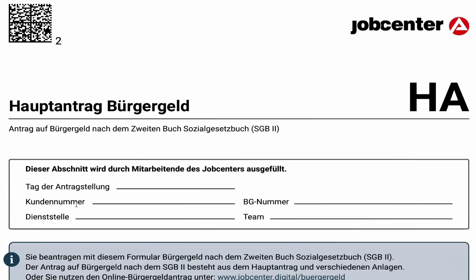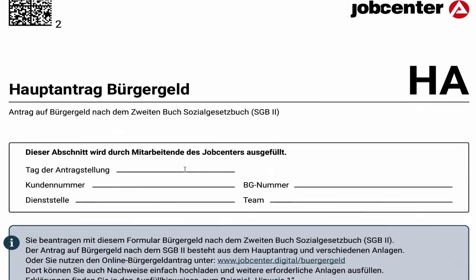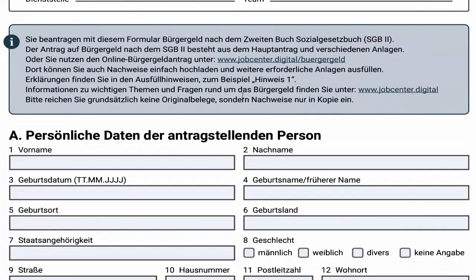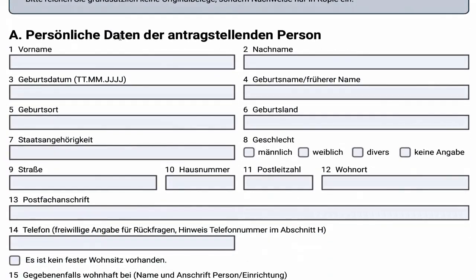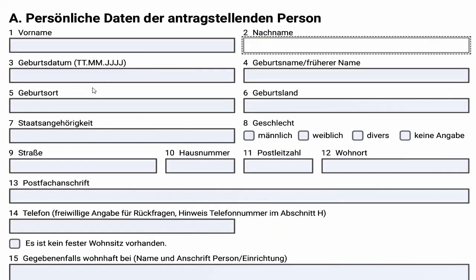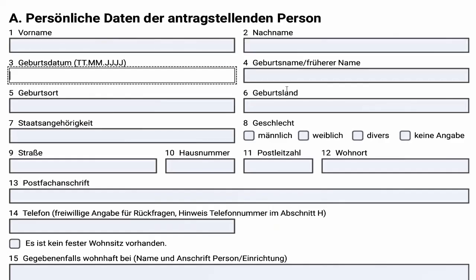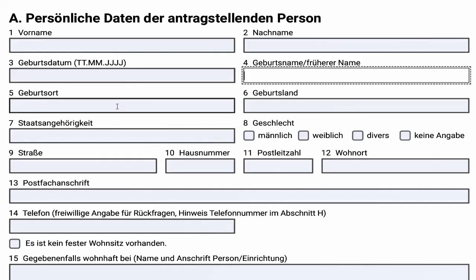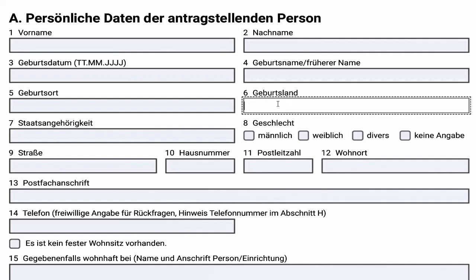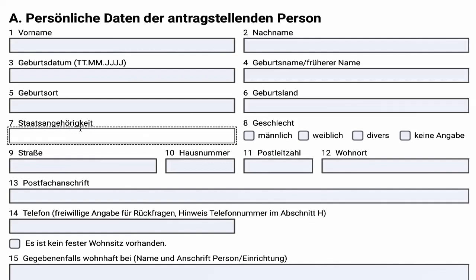This part belongs to the Jobcenter employees and they will fill it in, so you do not have to write anything here. In part A, as an applicant, you write your personal information. Here you write your first name, here your last name, here your date of birth, here your maiden name, here your place of birth, here your country of birth, here your nationality.